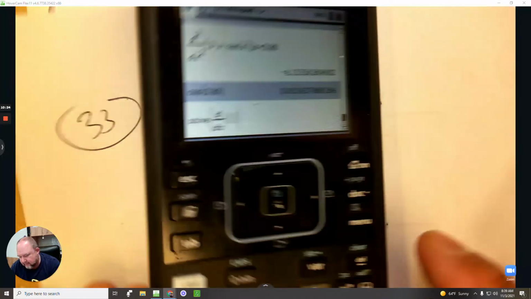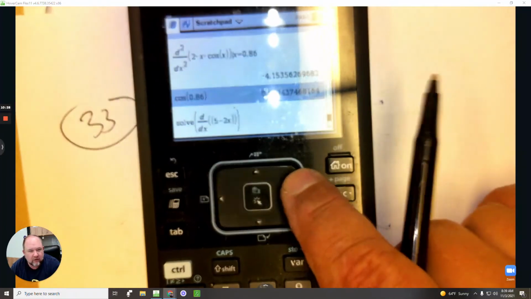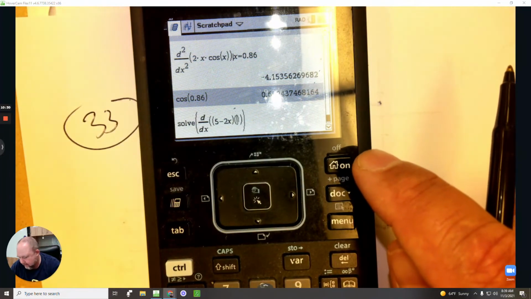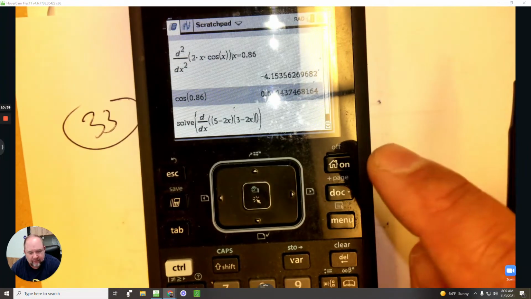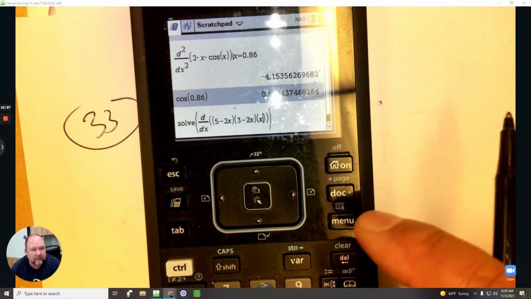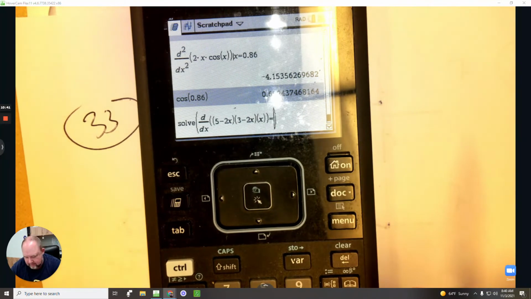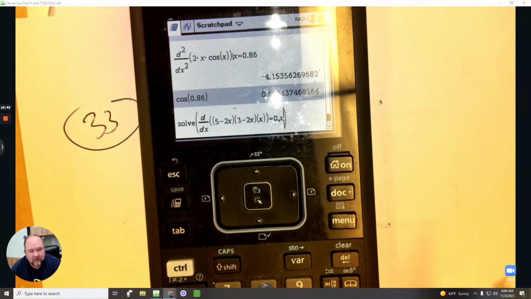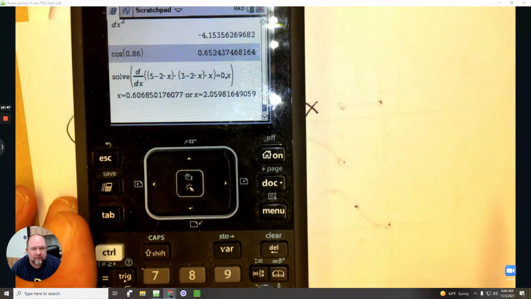So what is it? 5 minus 2x, 3 minus 2x. I'm going to put parentheses around the x too. It makes it easier so the calculator knows you're multiplying. We're going to make it equal to 0, comma x. Control enter. So there are two answers there.